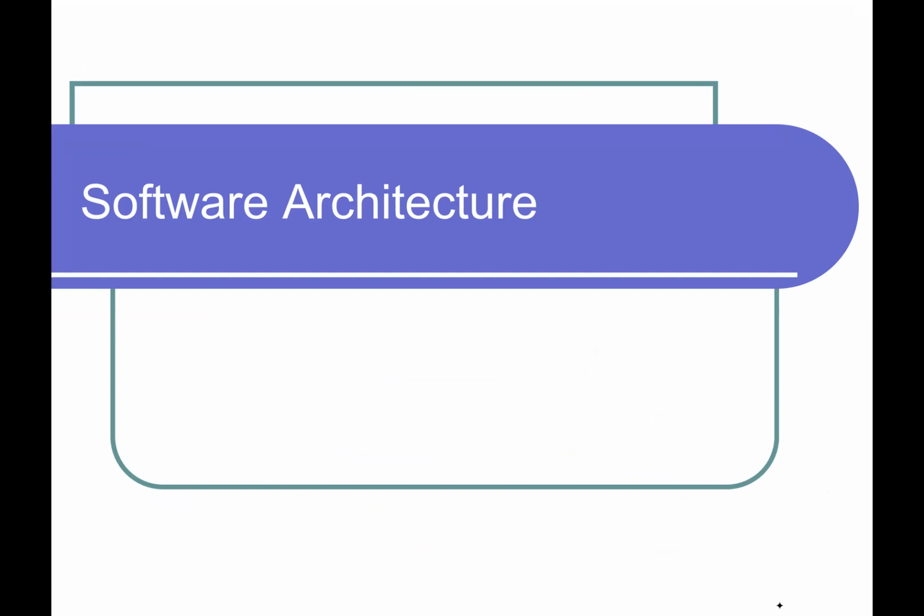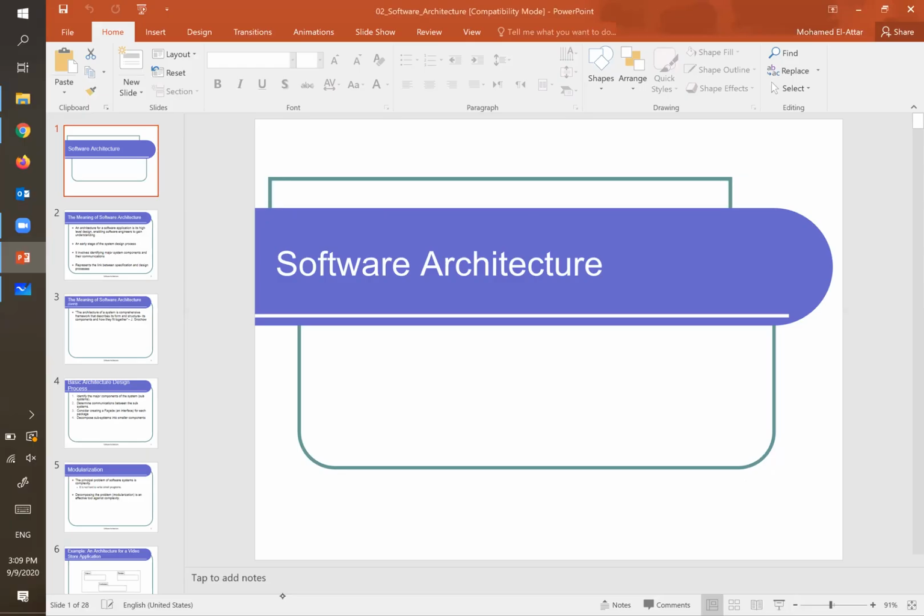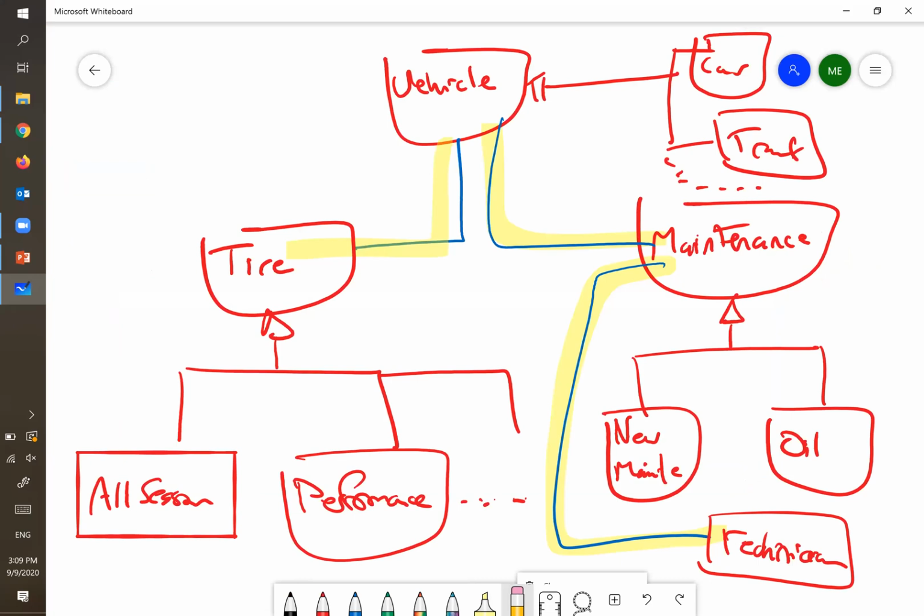Okay, so now we're going to begin chapter 2, and we're going to talk about software architecture. Now software architecture. Why did I actually remove this? That's very silly of me. So software architecture. Let me close this up. It's where we begin the most initial step in the solution phase.